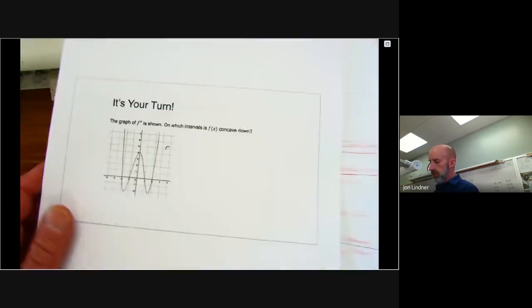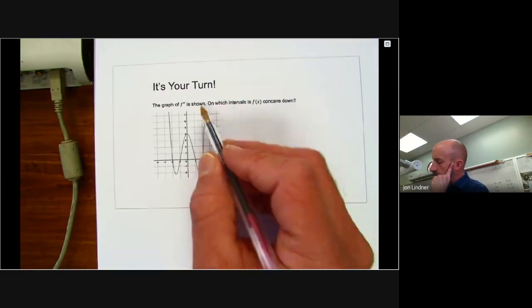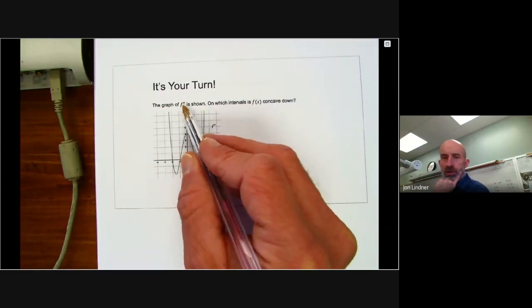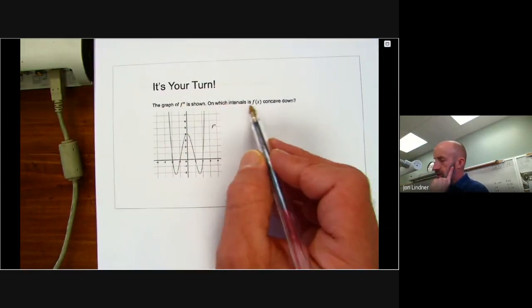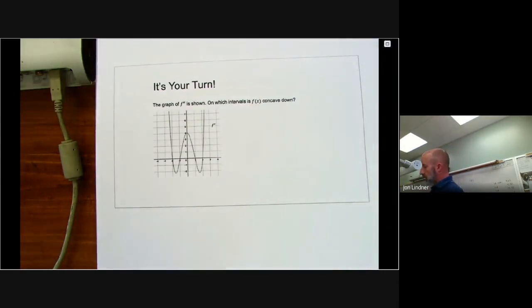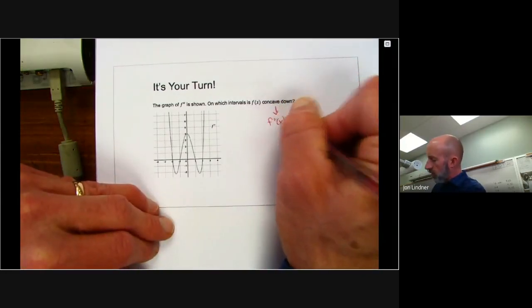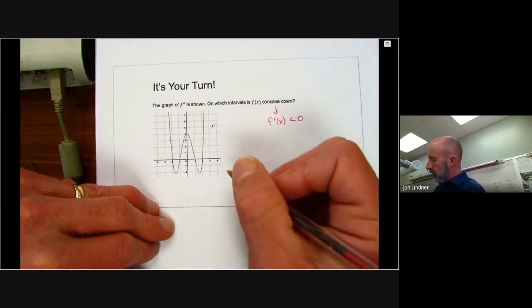All right, one more example here. Maybe two more examples. This one asks, when this is the graph of the second derivative, on which intervals is the original function concave down? Well, it's going to be concave down when the second derivative is negative.